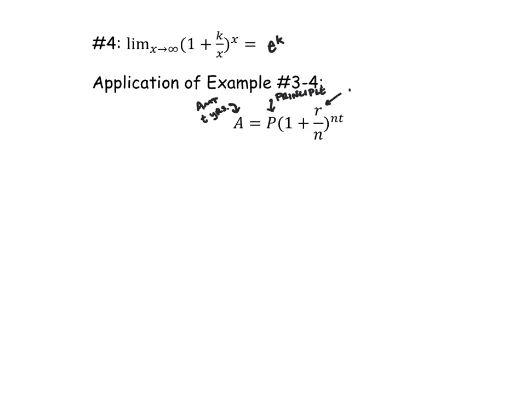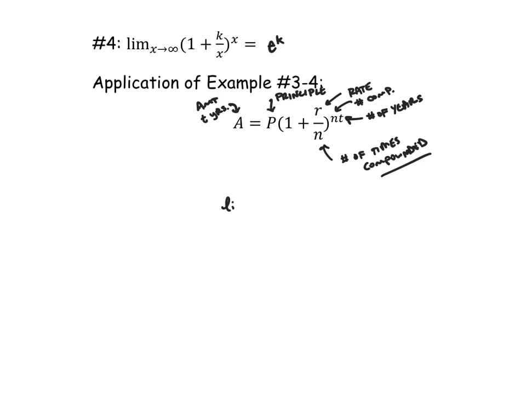Okay, this is your rate. It could be an increase or a decrease. This is your number of times compounded, and same thing, the number of years or units of time.